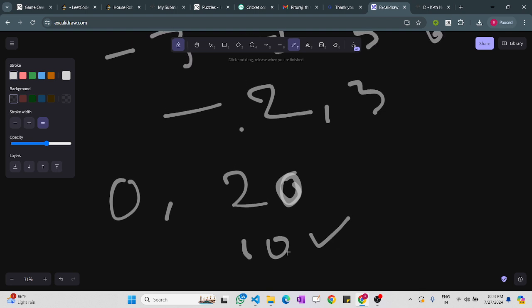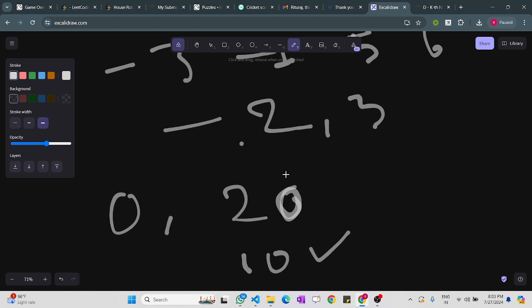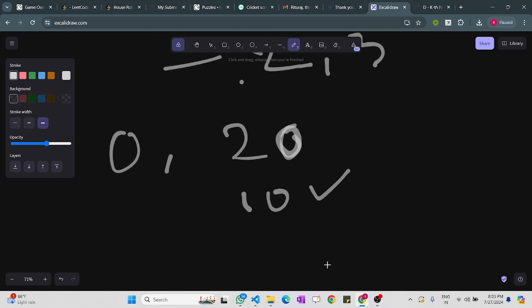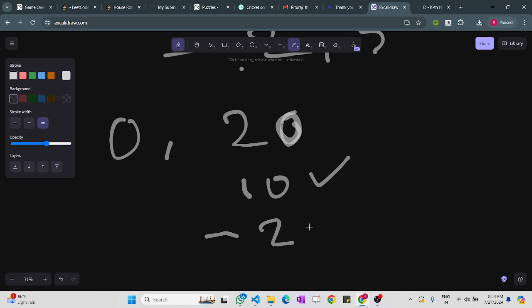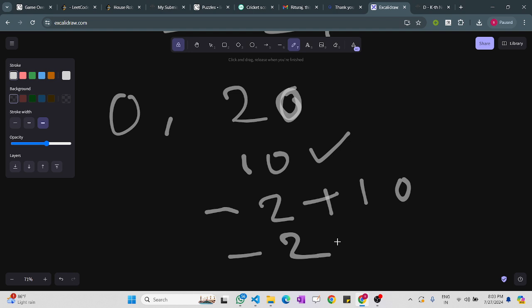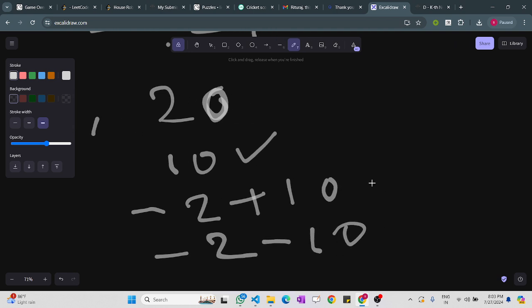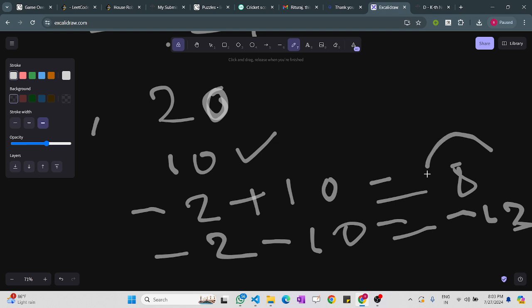So I will compute minus 2 plus 10 and then minus 2 minus 10. In this case I am getting 8, and in this case I am getting minus 12. So I will search for every number in vector V between minus 12 and 8.